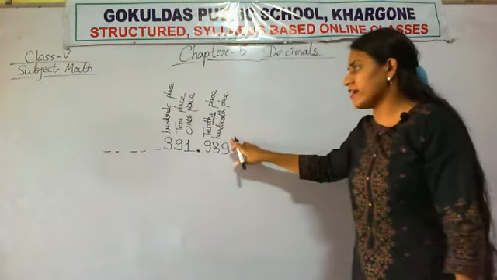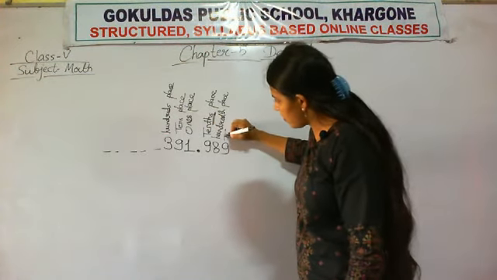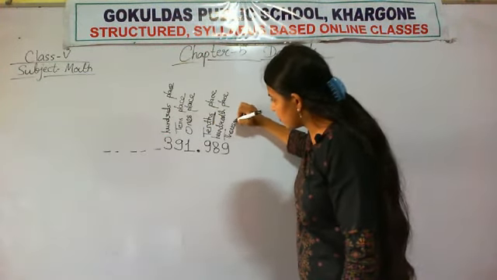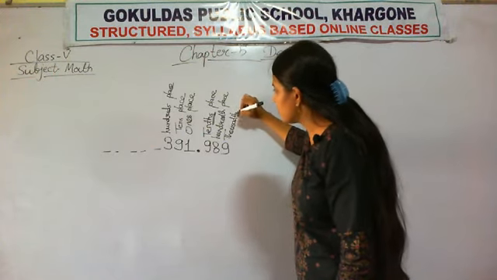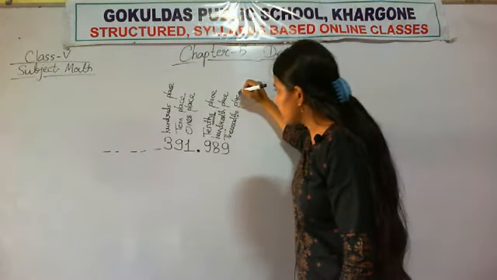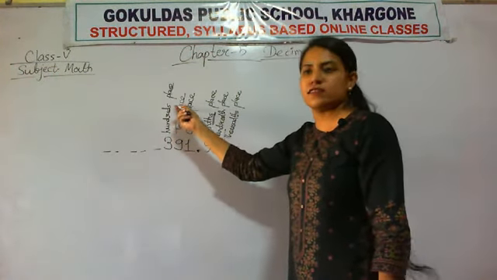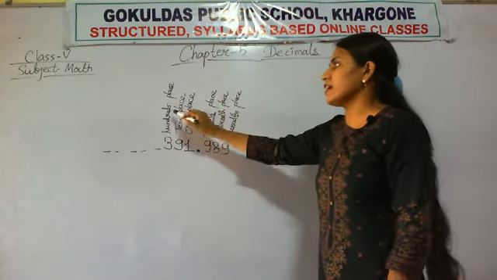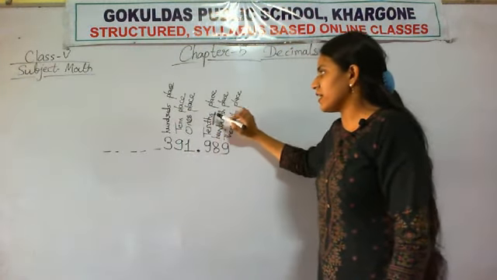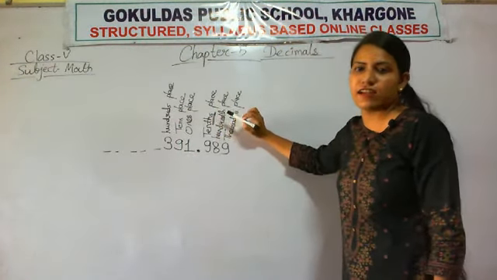Then this 9 is at thousandth place. There is a small difference in the names of the places. Here only 's' is there, but after the decimal point, 'ths' is there.